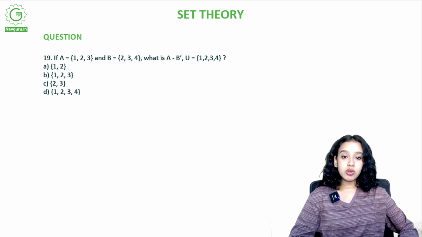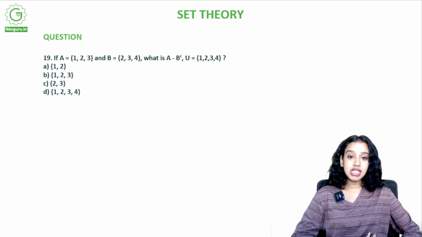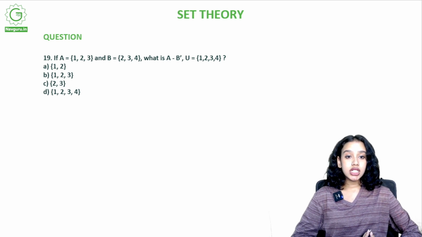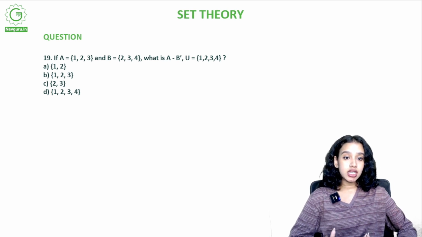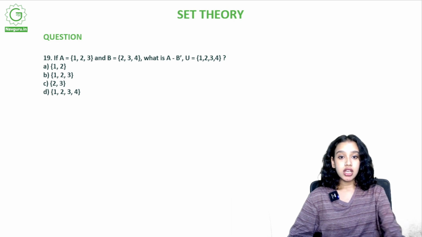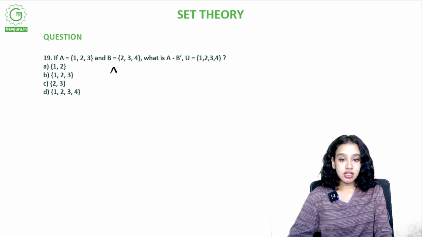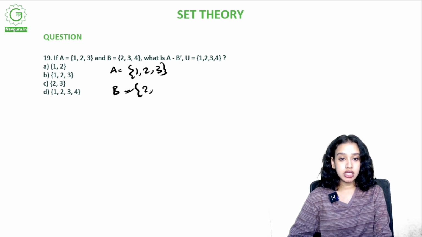If A is equal to 1, 2, 3 and B is equal to 2, 3, 4, what is A minus B complement if U or universal set is equal to 1, 2, 3, 4? So let's write this down. We have A is equal to 1, 2, 3. We have B is equal to 2, 3 and 4, and we have B complement is equal to 1, right?